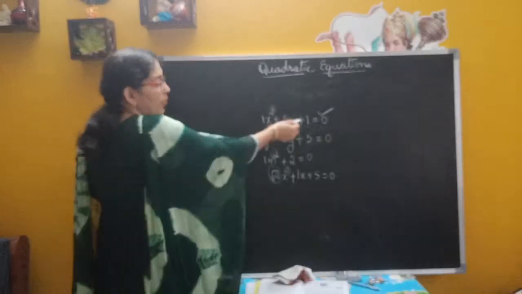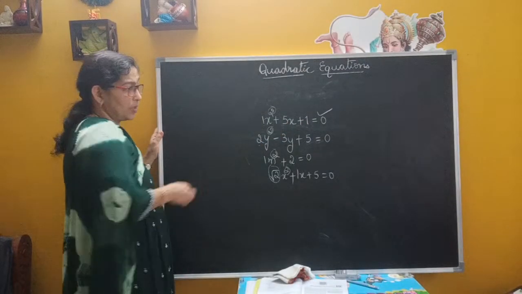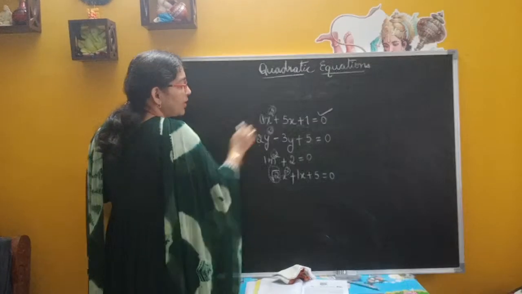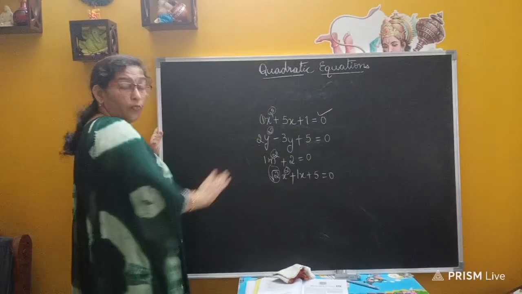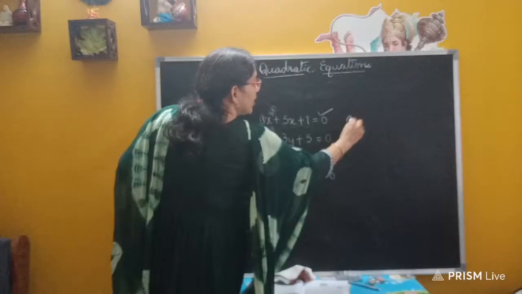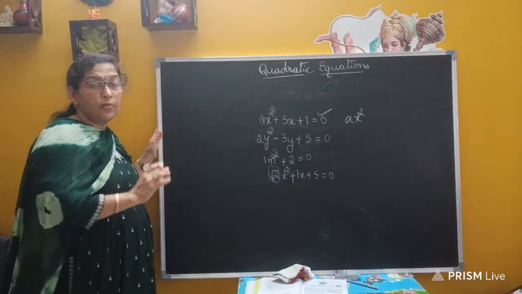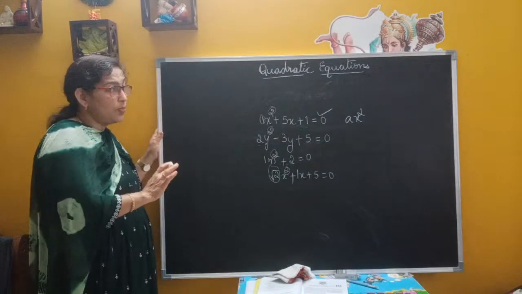Now, by saying this, can we set a general form? Yes, we can. If I take the coefficient of x square, the first term with degree 2 or power 2, as a, it would be a x square. Generally we take the equation with x, where x is a variable.